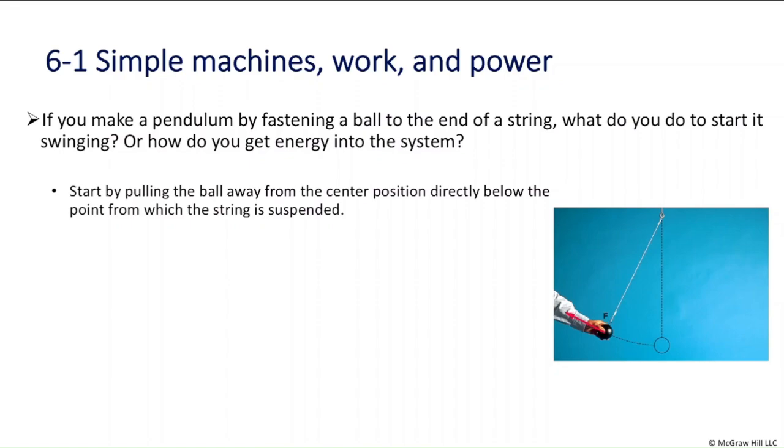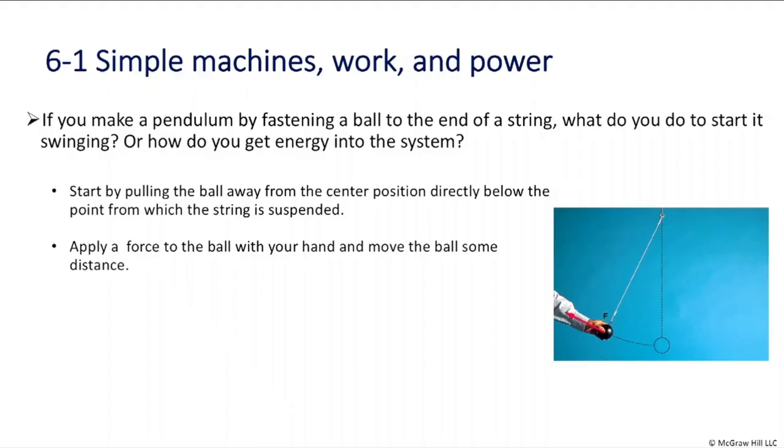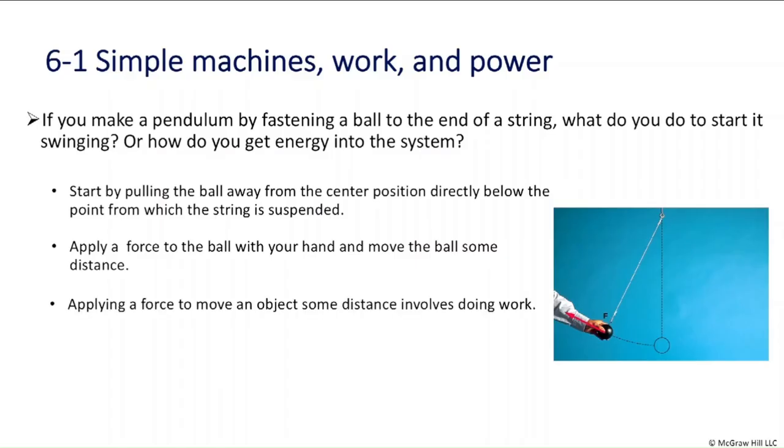So from a physics perspective, what you have really done is apply a force on the ball and move it through some distance with your hand. And that's what we call work in physics. Now notice what happened. By doing work, you have given energy to the system.